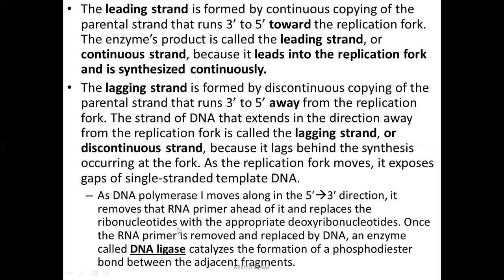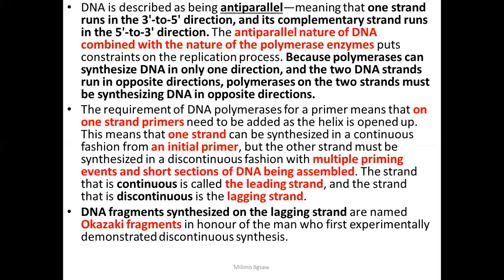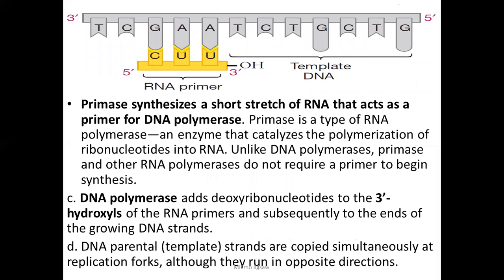And then once these RNA primers are removed and replaced by DNA, we have an enzyme called DNA ligase, which is now going to catalyze the formation of phosphodiester bonds between these adjacent fragments. So what we are saying is this: DNA polymerase 1 will move in the 5' to 3' direction after there's a synthesis here, and then it is going to be removing these RNA primers and replacing these with appropriate deoxyribonucleotides.